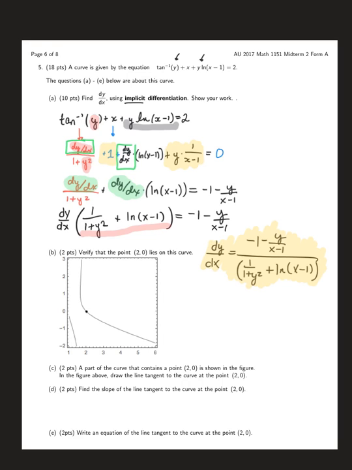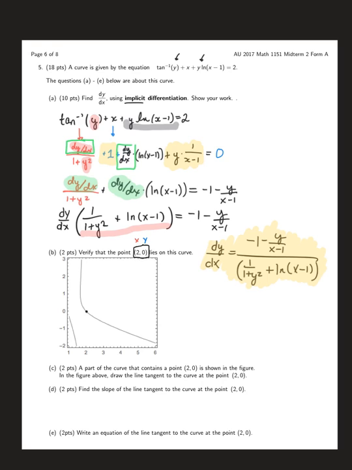The next question says, verify that the point (2, 0) lies on this curve. Well, pretty easy question after all that hard calculus. X is 2, y is 0. So that means when I plug in an x value of 2, I should get a y value of 0.